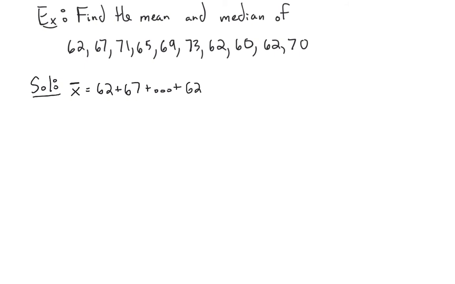Plus 62 plus 70, and we have 10 data points. And you can check that this indeed adds up to 661. So we need 661 divided by 10, and dividing by 10 is easy. I don't even need to bring out my calculator. It's 66.1 inches. So the mean height is 66.1 inches.